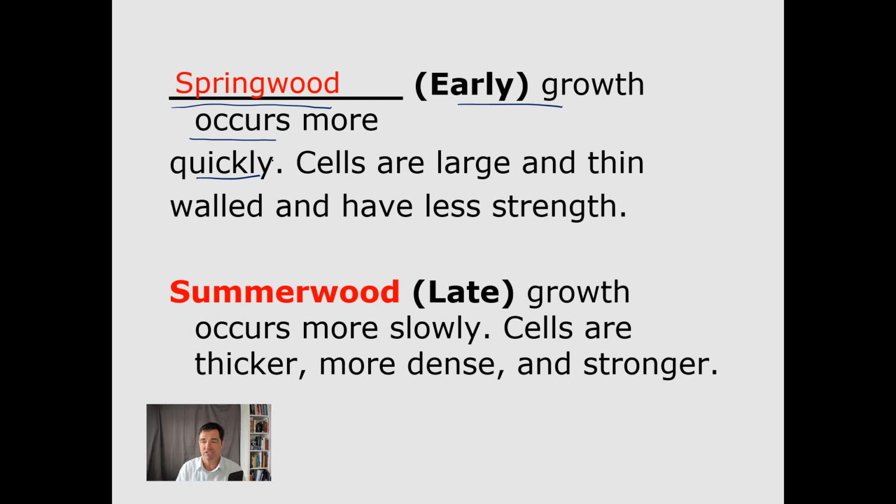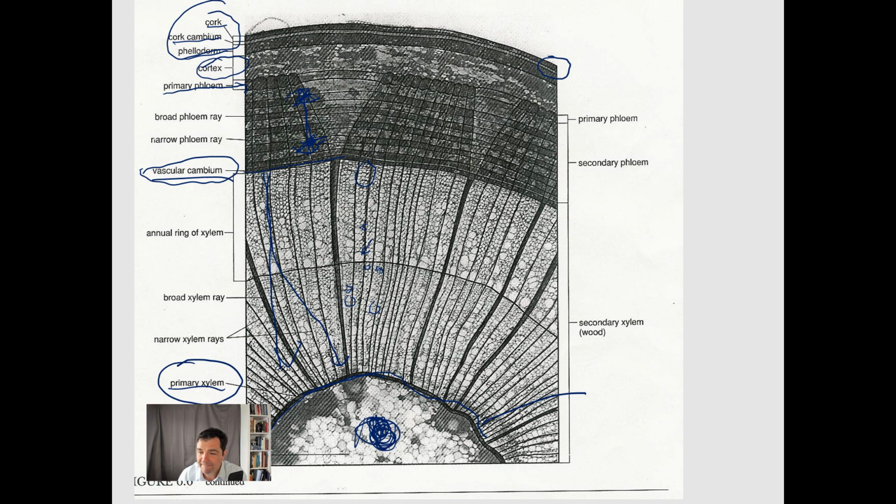But as you go into summer and it starts to become drier, the cells tend to not grow as fast and it slows down and there's less water and they become denser and stronger but smaller in size. So if you look here, this right here is the summer wood, if you will, and this is the spring wood.